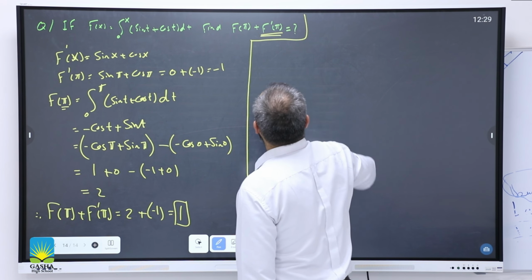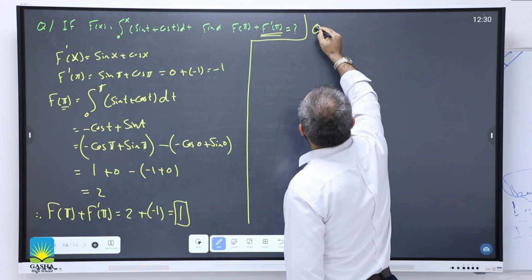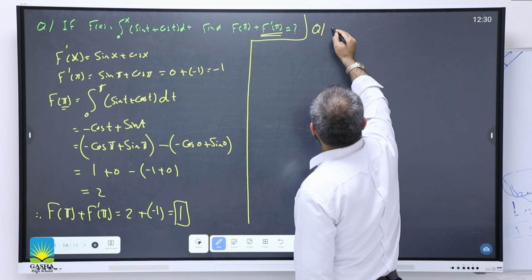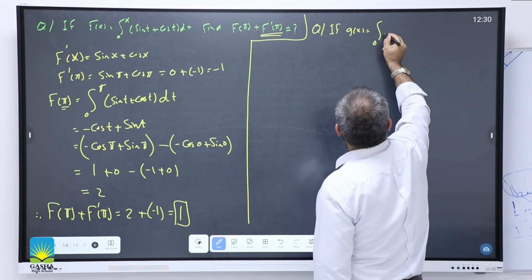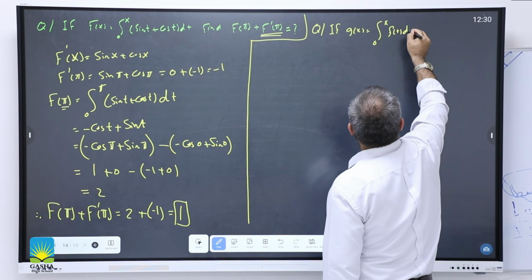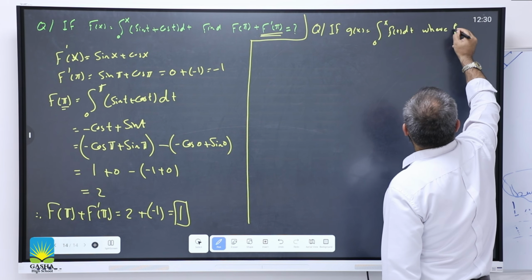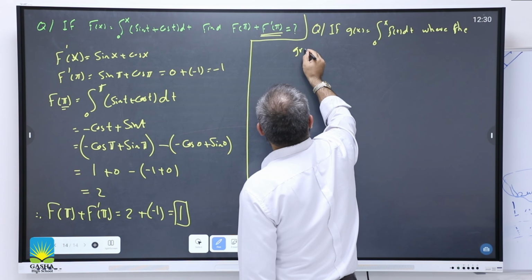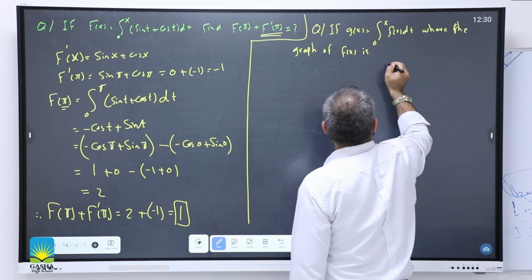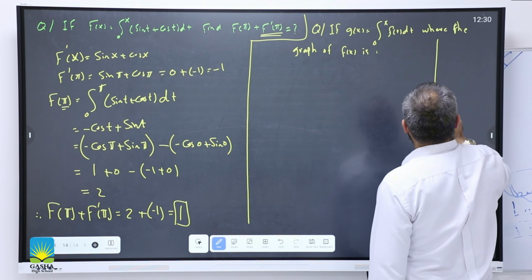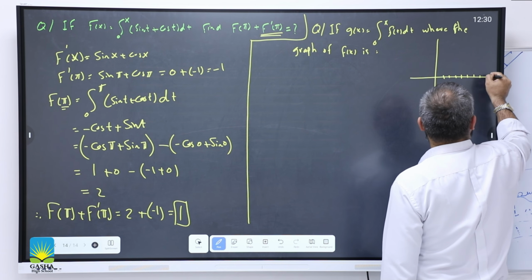The final question about this note is: if g of x equals the integral from 0 to x of f of t dt, where the graph of f of x is, one, 2, 3, 4, 5, 6, 7, 8.